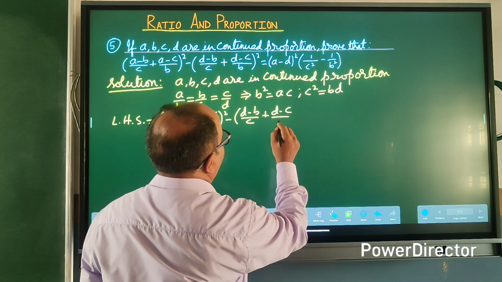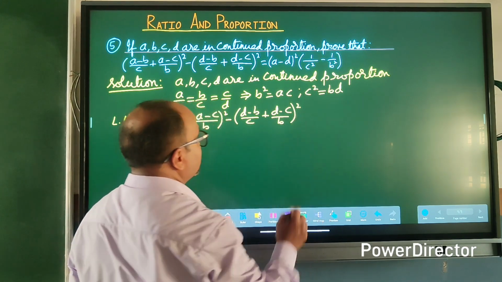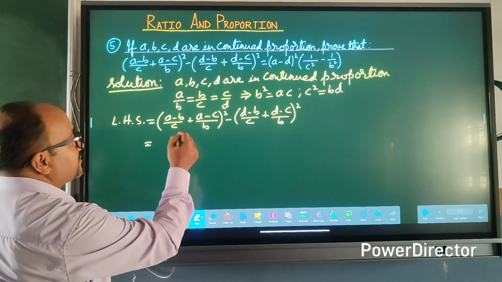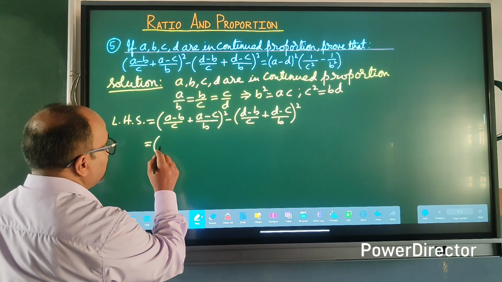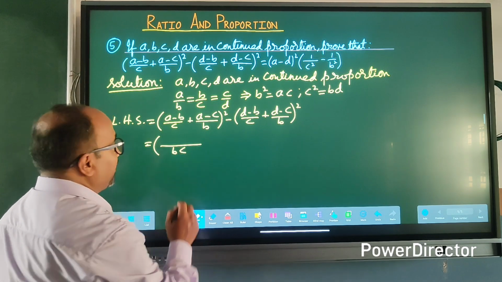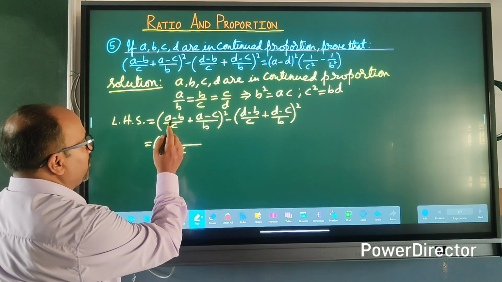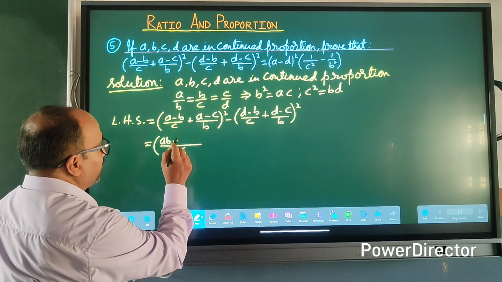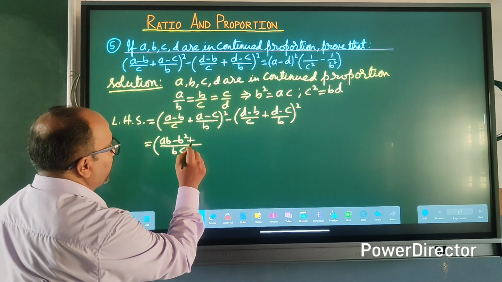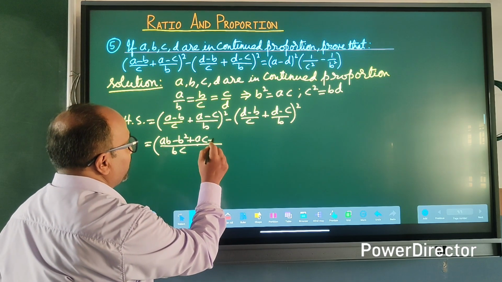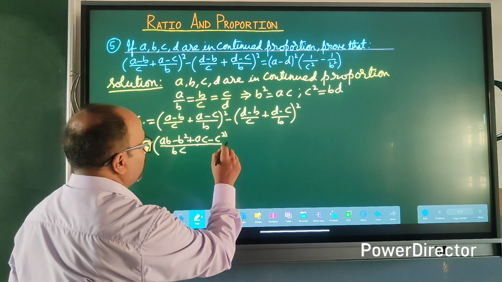So I have copied the LHS part. Now we will simplify it in this way. We take LCM and simplify it out. So I will get the LCM as BC. So now dividing BC with C, I will get B. So B multiplied with this will give me AB minus B square plus C will multiply with A to give you AC minus C square.